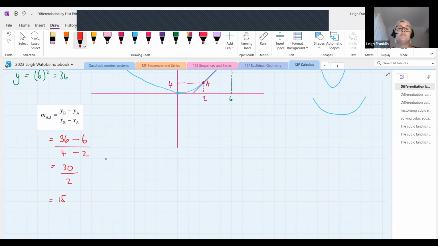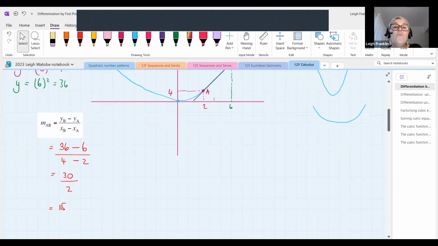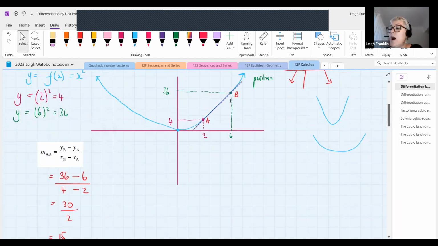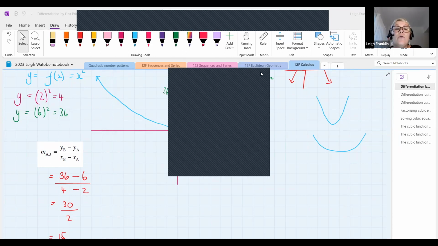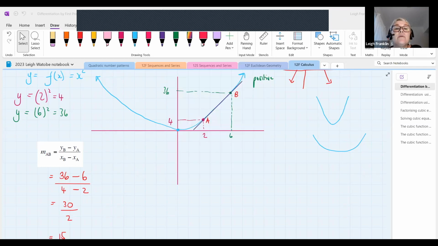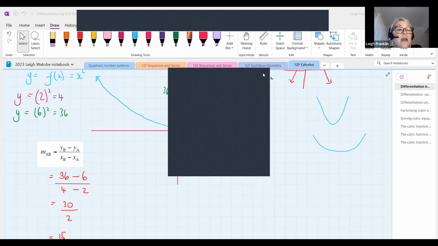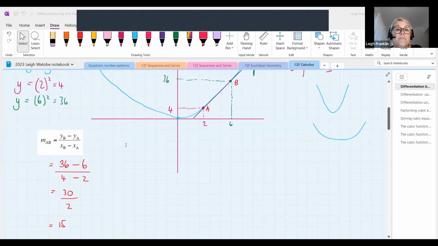Can you see it's a positive number? Because as I walk from A to B, I am walking uphill. Does that make sense to everybody? So that's average gradient.